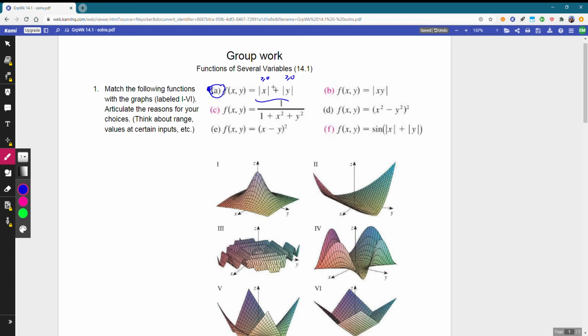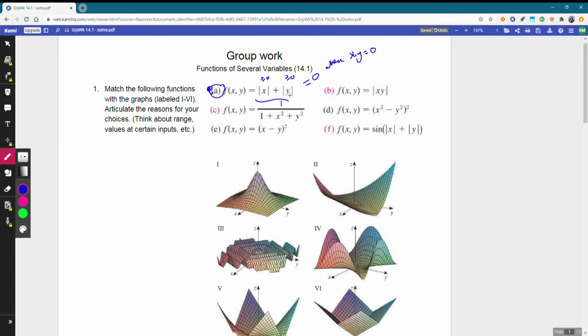And in fact, the only time that we'd have this equal to 0 is if x and y are both 0. If either of them are non-zero, then the absolute value will give us something positive, and we'll be adding something that makes that stay the same or get bigger.